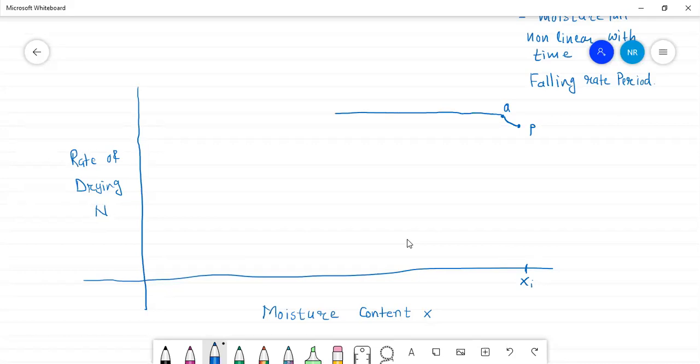Then the falling rate period will occur. In the falling rate period, we have two sections. So P, Q, R, S, and T.